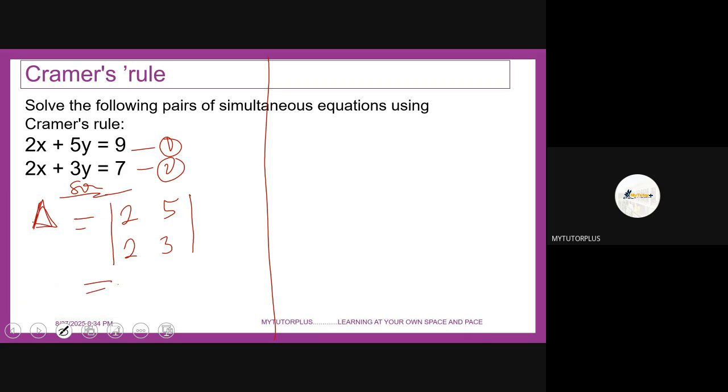That will be 2 times 3 minus 5 times 2. 2 times 3 will give us 6, right? Minus 5 times 2, that will give us 10. And what will be my answer for that one now? Minus 4. So we have gotten the value of delta. Is that clear enough?